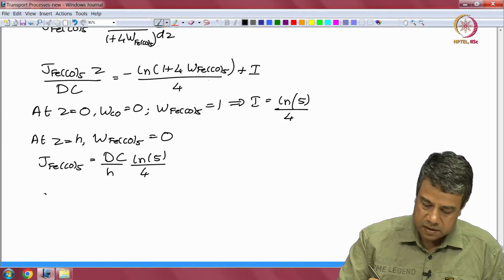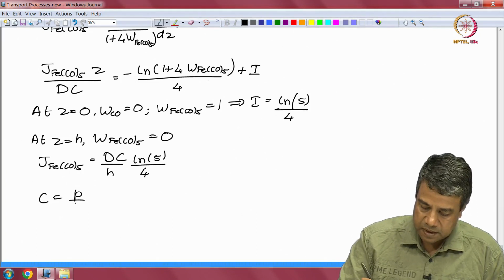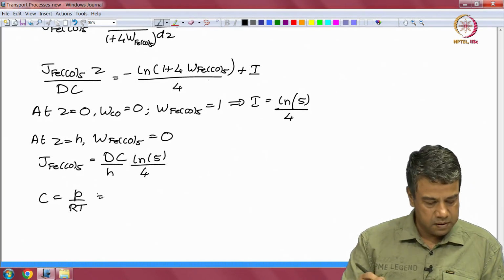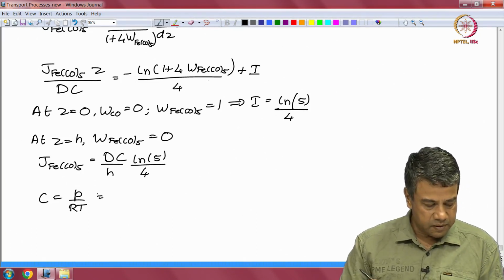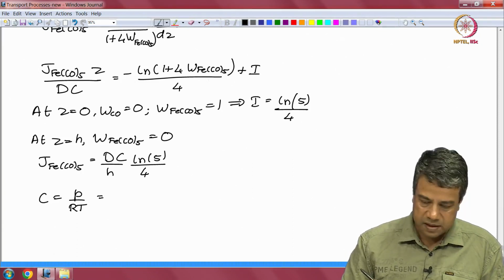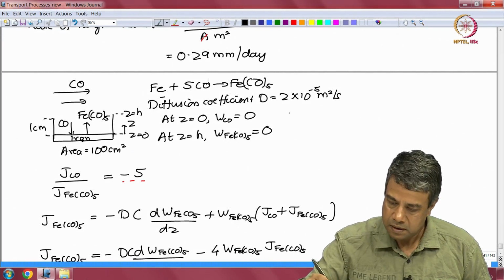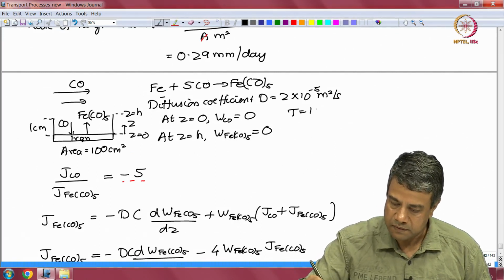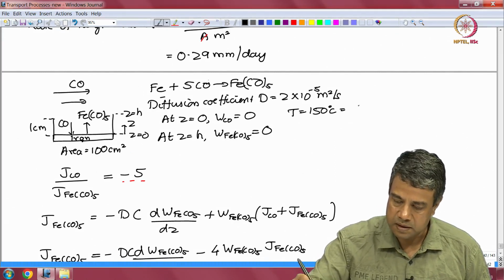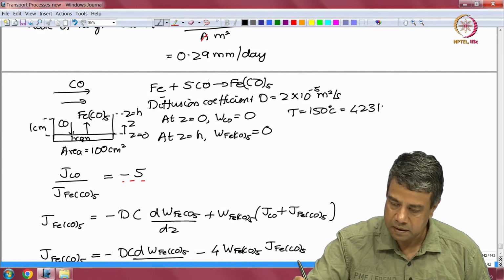The concentration is equal to P by RT. We are given that this reaction takes place at 150 degrees centigrade. T is equal to 150 degrees centigrade, which is equal to 423 Kelvin.